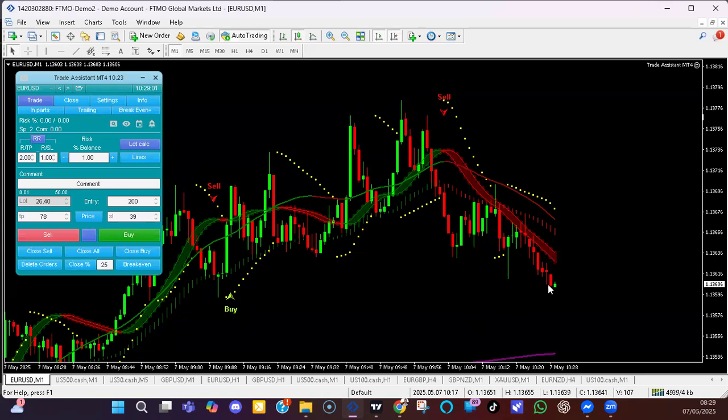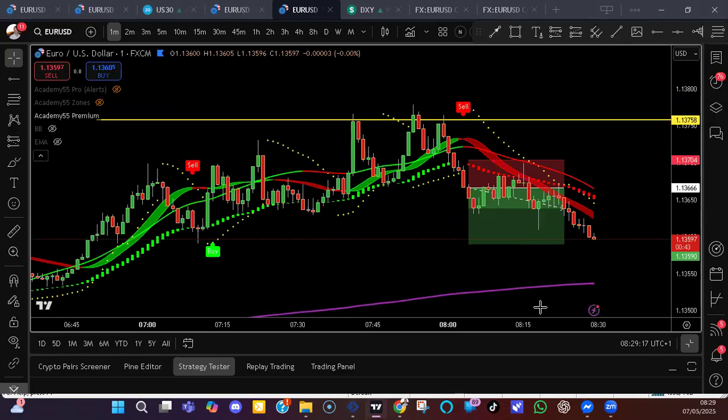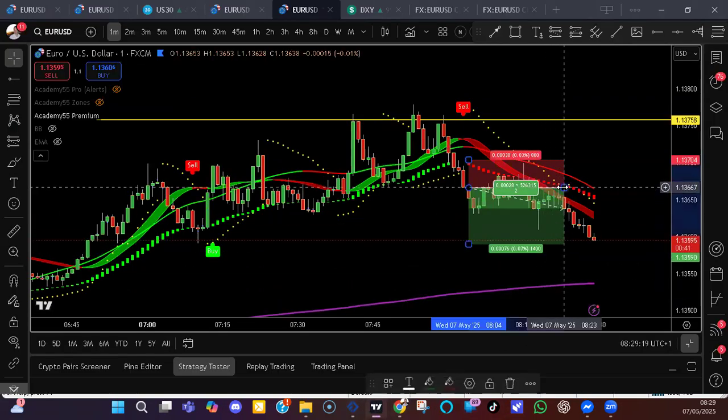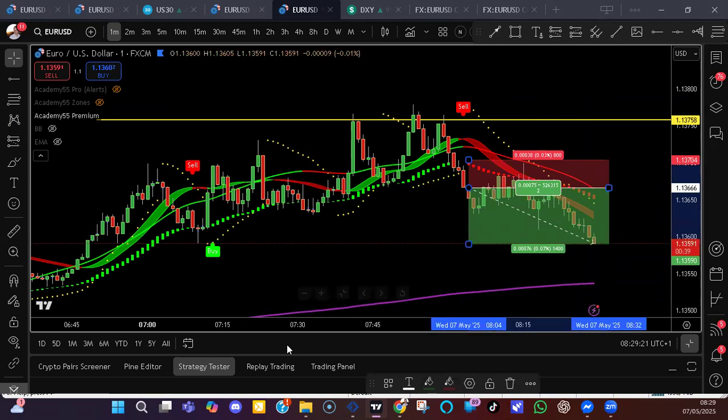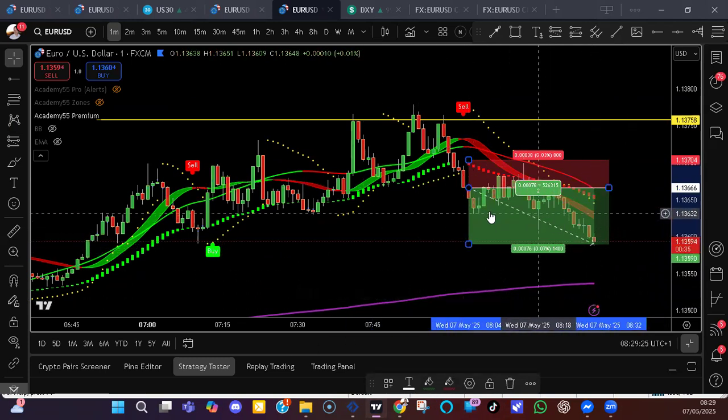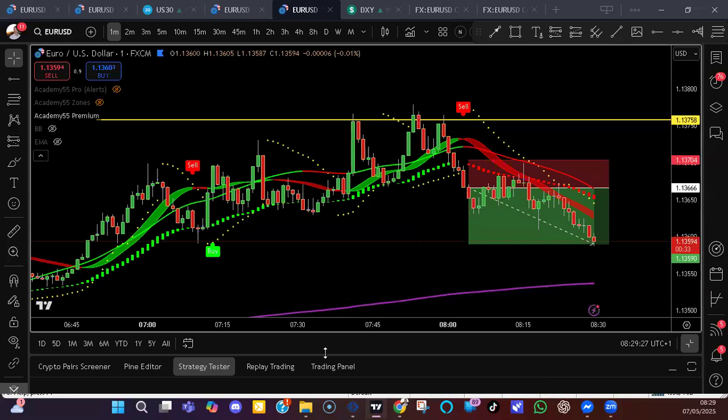I ain't pushing it anymore. It may indeed come down to fill out these imbalances. But I was so near my 2%, I was about 1.8%, and I would have got my 2% anyway, so I'm happy with that.